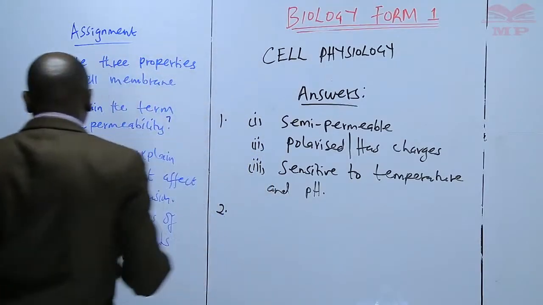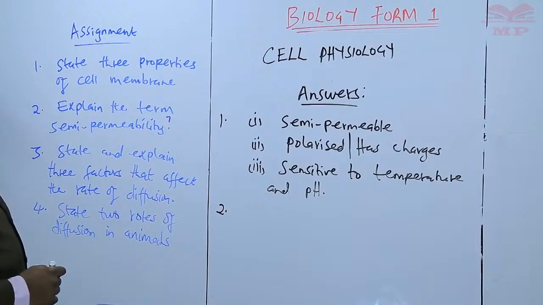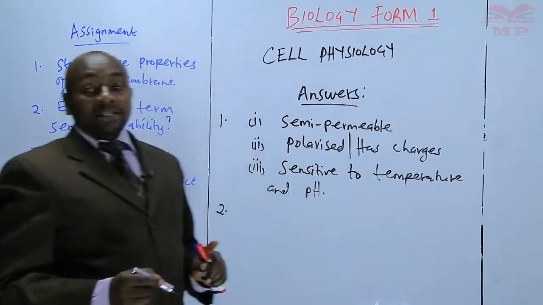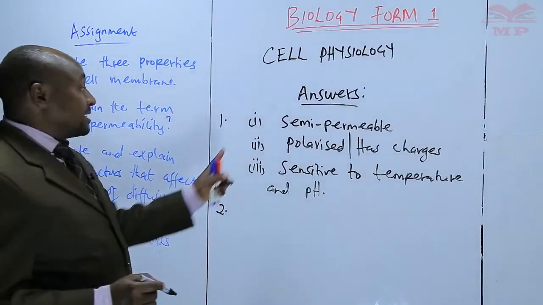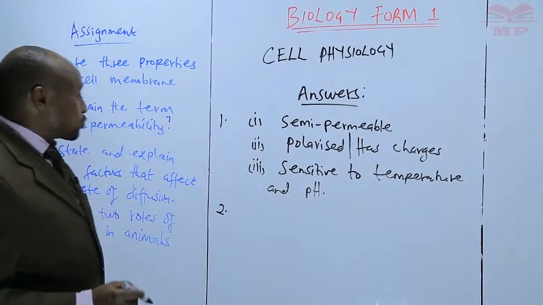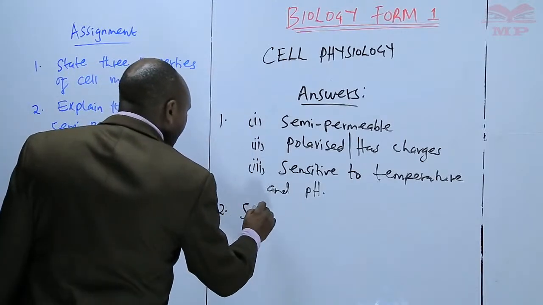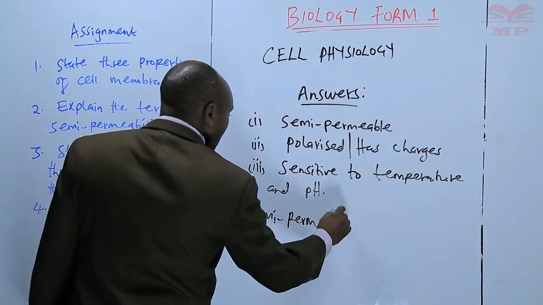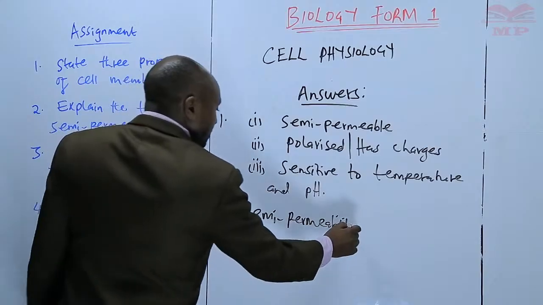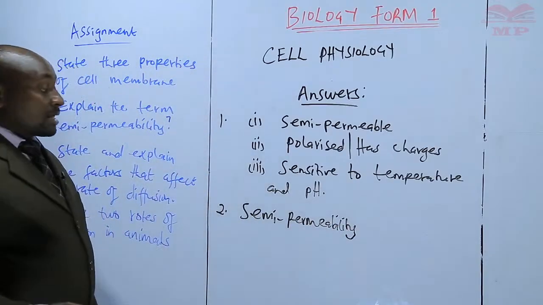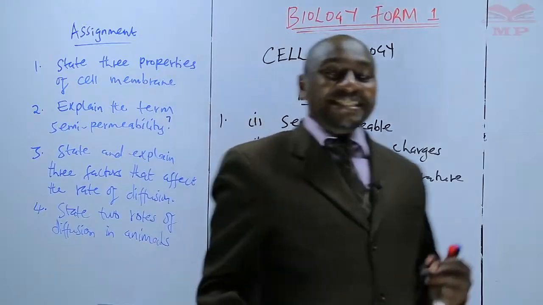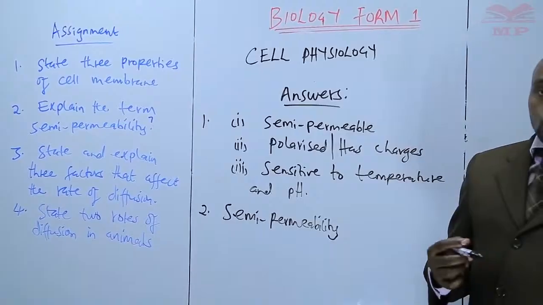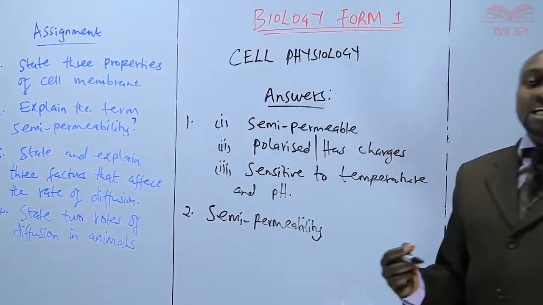Question number 2 was asking, explain the term semi-permeability. We mentioned it in the first question, but the first question didn't want us to explain, while the second question wants us to explain semi-permeability. Semi-permeability means that the cell membrane is selective. It only allows the small molecules to go through, but not the large molecules.